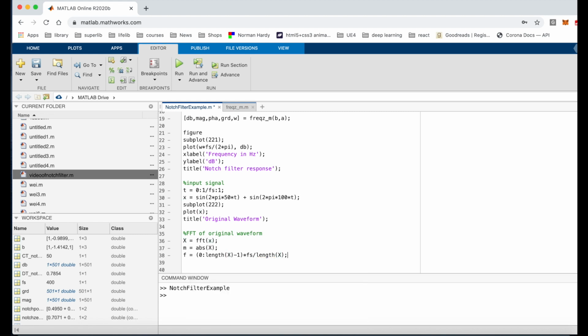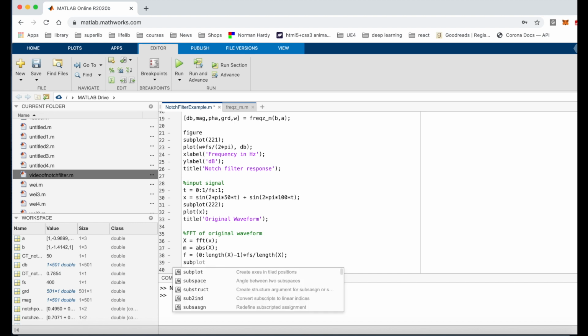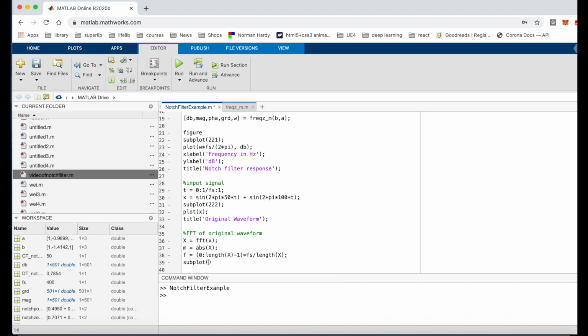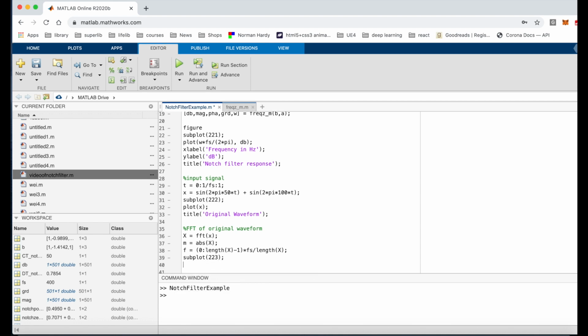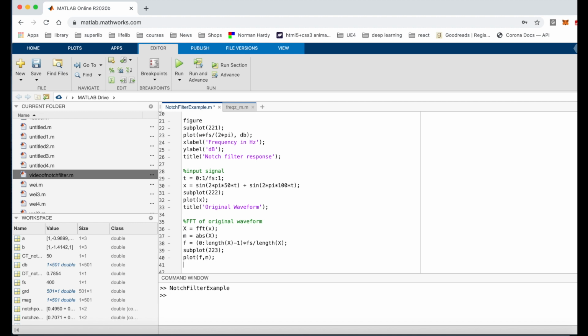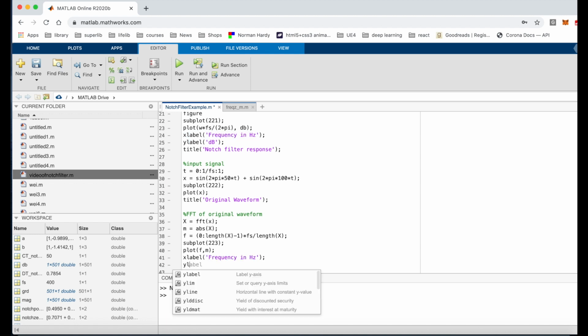We could subplot it. Subplot 2 to 3. Plot f, m. F is the x-axis and m is the y-axis. And the x label will be frequency in Hertz.